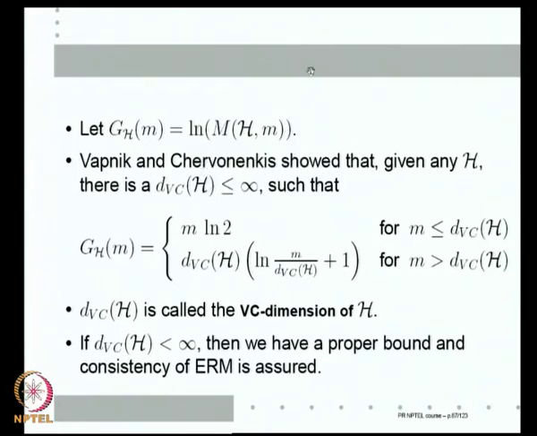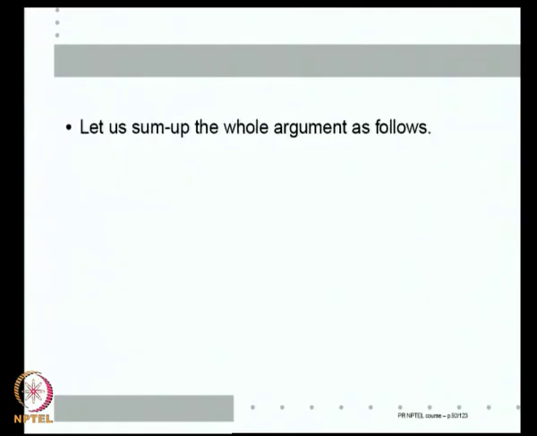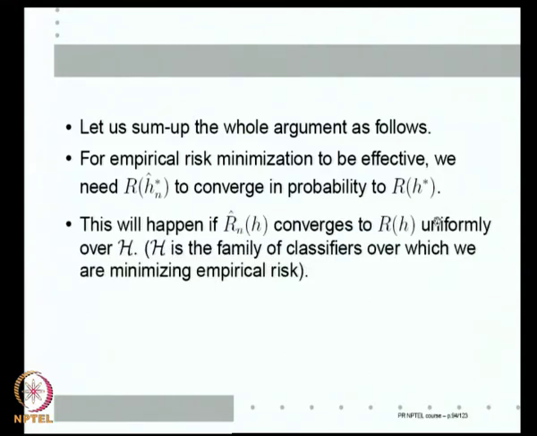At this point, except that because of the Vapnik-Chervonenkis result we know it exists, we still have not really conceptualized how to calculate VC dimension given h; that we will do later on. But let us understand our summary. For empirical risk minimization to be effective, we want R h hat star n to converge to R h star.